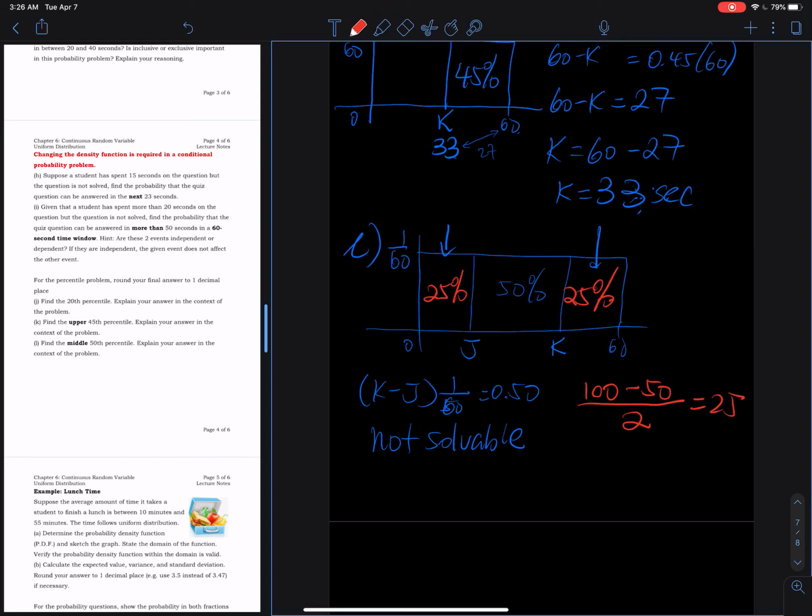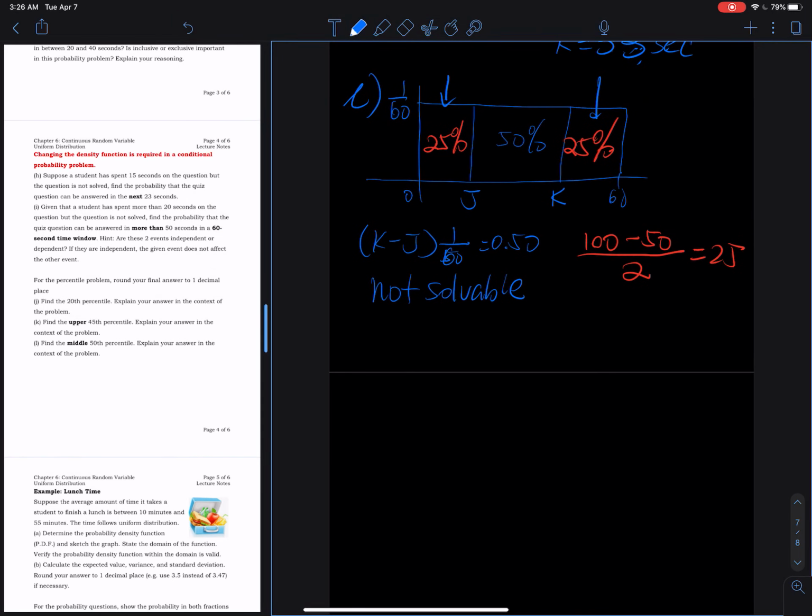And then using this, I am able to find my J and K. So let's find J. You have J minus 0 times the height equals 0.25. For K, you have 60 minus K, again, always big minus small, times 1 over 60, that equals 0.25. Then 0.25 times 60, J minus 0 is 15, right?